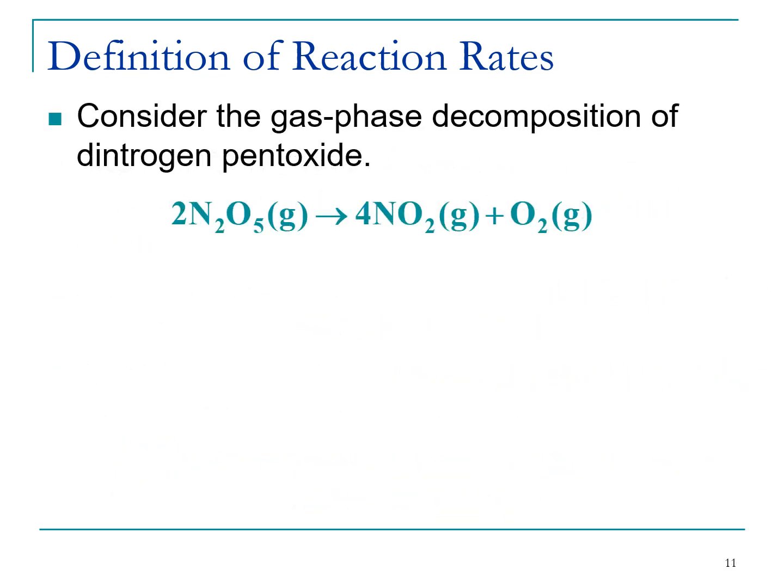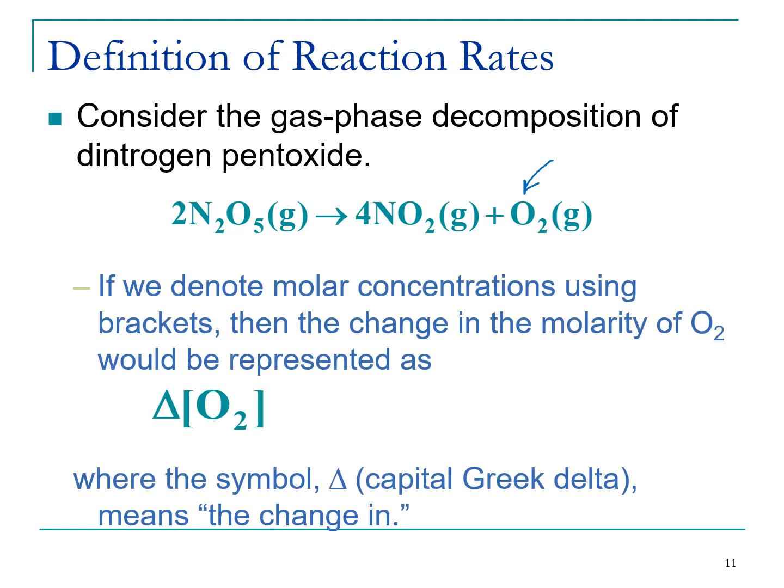Okay, so let's consider this reaction: 2 dinitrogen pentoxide decomposes to give us 4 NO2 and 1 O2. One thing we can do is pick one of the products, it doesn't matter which, and ask how we can measure the change in the concentration of O2. The way we write that is to denote molar concentration using our brackets, and when we have a change, we use the term delta.